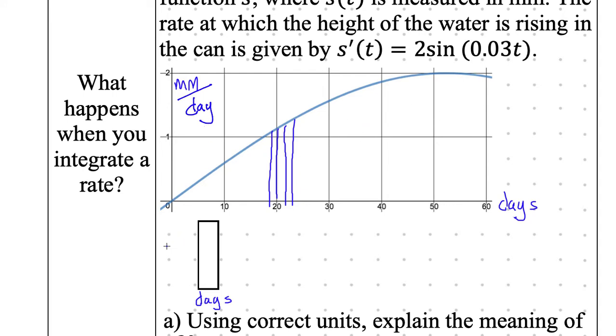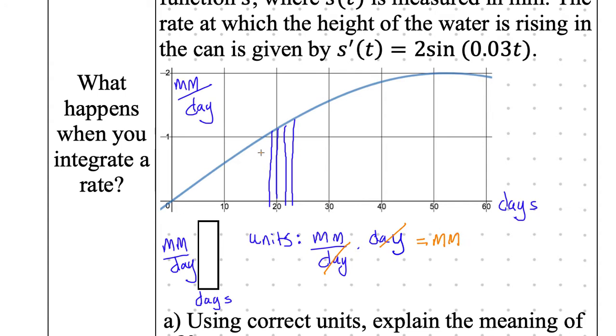So over here, I'm going to do millimeters per day. And if I multiply these two units together, for our units, we're going to have millimeters per day, and I multiply by days. And then notice that the days cancel, and I'm just left with millimeters. So each of these units is millimeters.